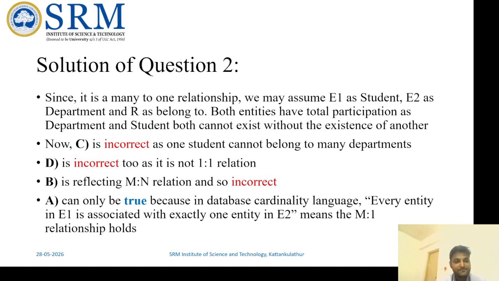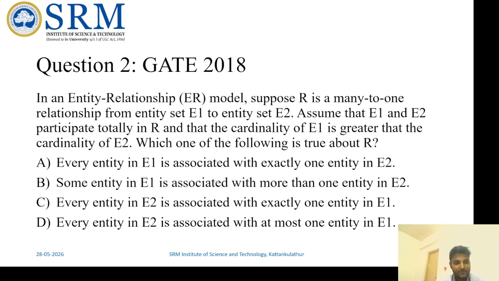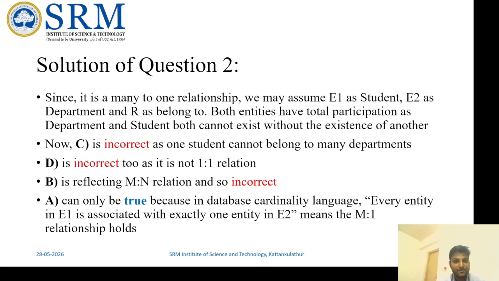Now B, some entity in E1 is associated with more than one entity in E2. So some means many, more than one, that is also many. So it is basically a many to many or one to many relationship, and it is also incorrect according to the question.